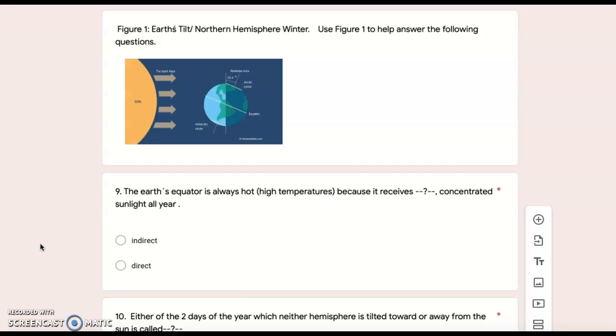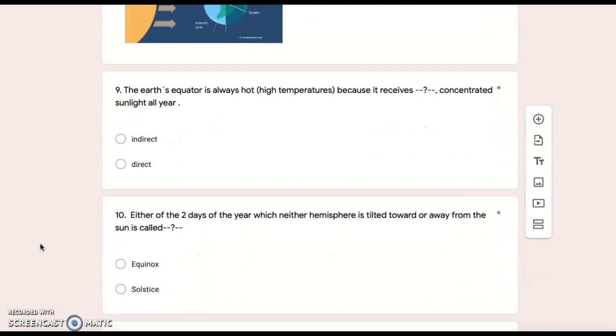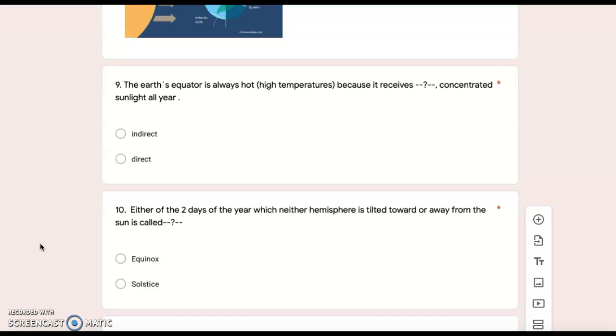Indirect or direct. Number 10. Either of the 2 days of the year which neither hemisphere is tilted towards or away from the sun is called equinox or solstice.